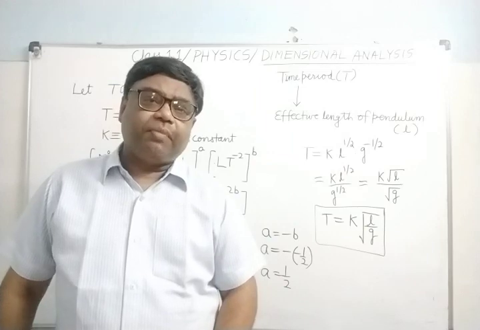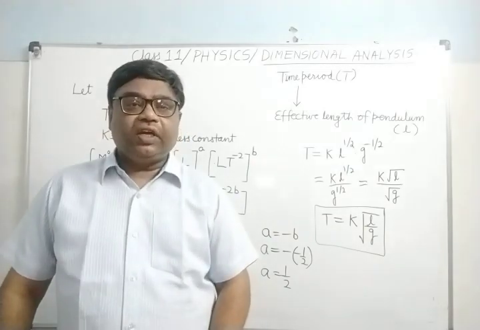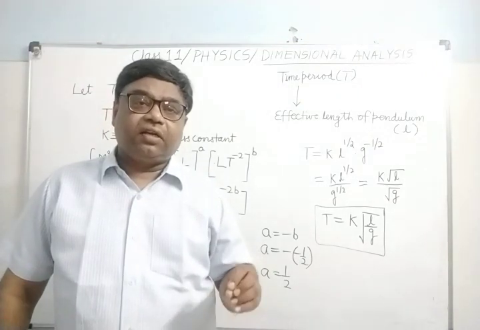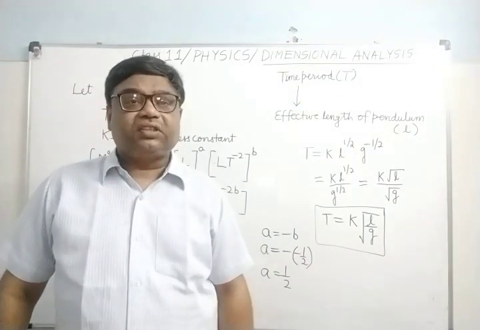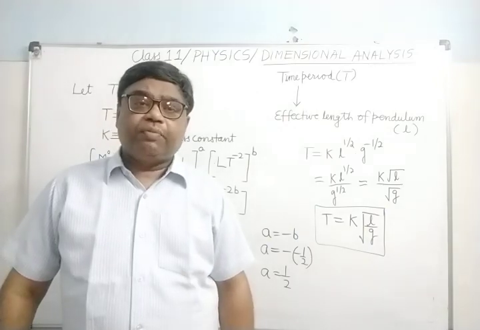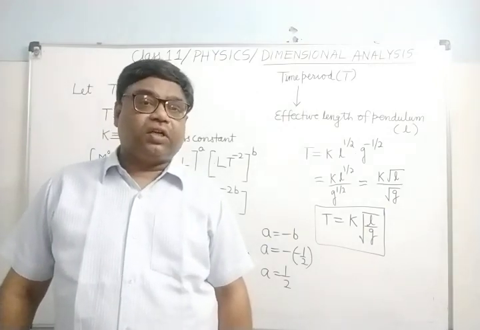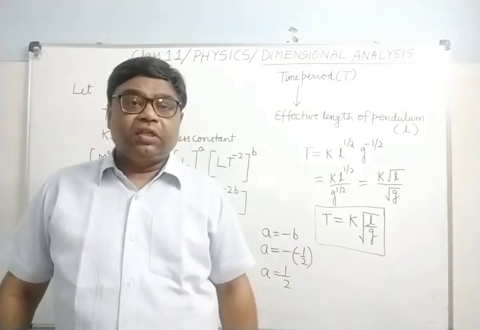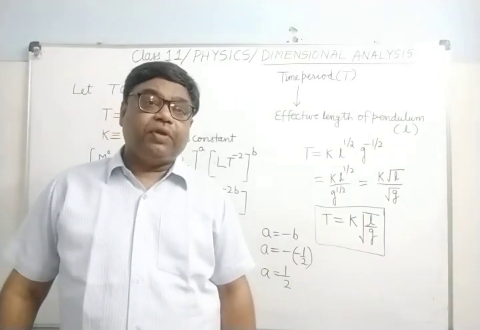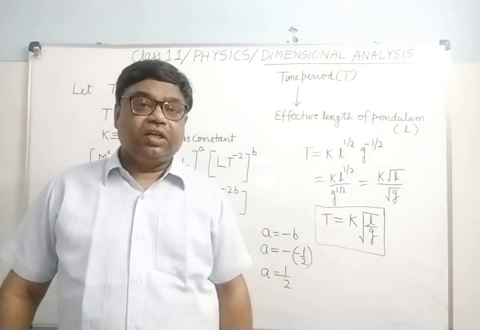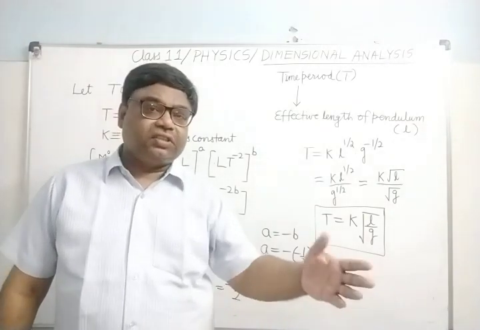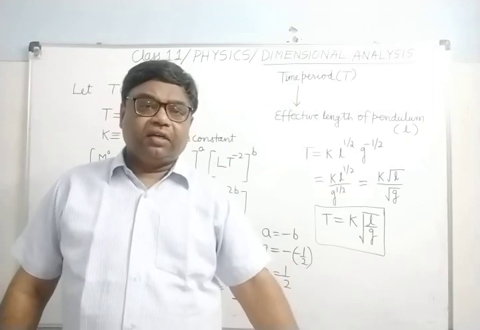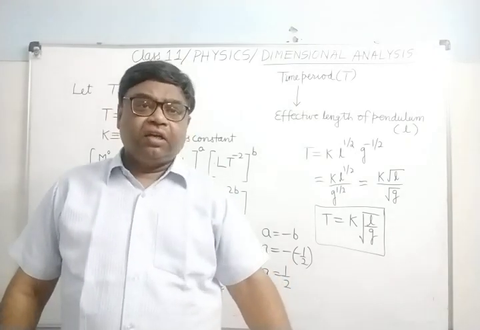There is one more limitation. With the help of dimensional analysis, we can derive the formula of only that physical quantity which depends on at most 3 other physical quantities. Suppose it depends upon 4 other quantities, then it will not always be possible. Sometimes in some cases it will be possible, and that you will come across later.